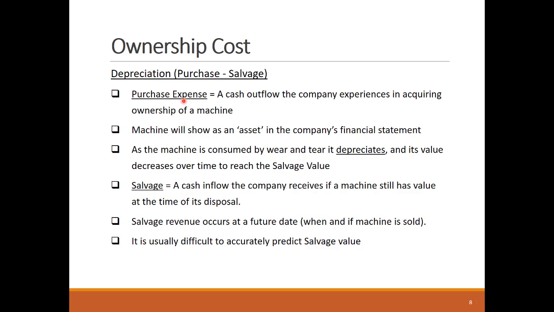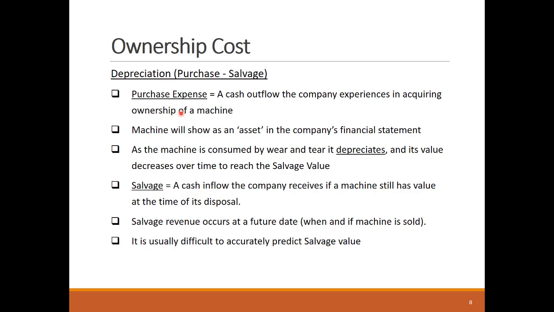This cost acknowledges the real annual bare cost of owning equipment as the difference between its initial expenditure and end-of-life sale revenue. When the equipment is purchased, it is recorded as an asset in the financial books of the company and is initially listed with a value that equals the purchase price.